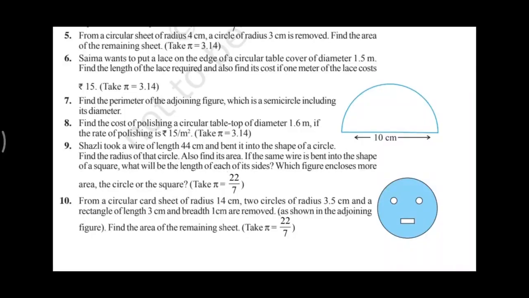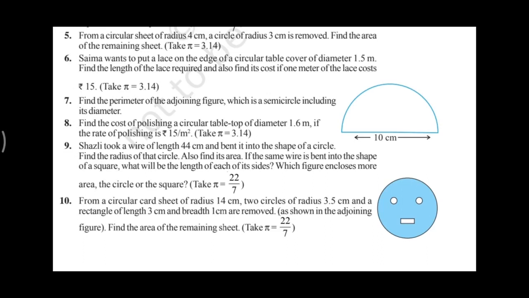Now this is question number 9. Shahazili took a wire of length 44 centimeter and bent it into the shape of a circle, and we have to find the radius of the circle. So here, by the length we will find the perimeter. The length of the wire is directly equal to the perimeter of the circle, and here we will find the radius, and after that we will find its area.